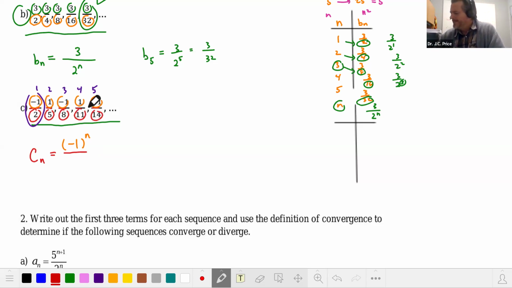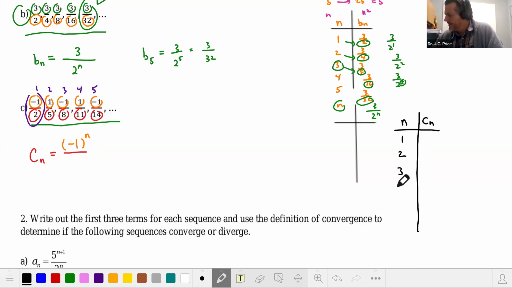So let's go over here, and maybe I'll remake this little table so I can make it a little bit bigger. And so I have n, and I have C sub n now. We have the first term, the second term, third term, the fourth term, and there's the fifth term. And then it's -1/2, and then it's +1/5, and then it's -1/8, and then it's +1/11, and then it's -1/14.